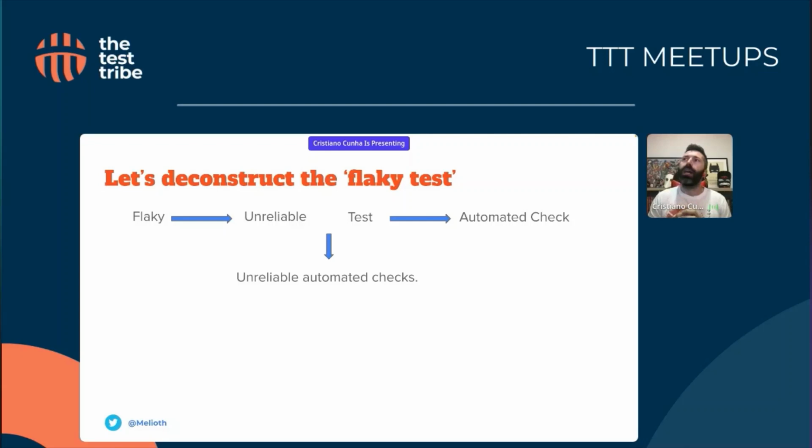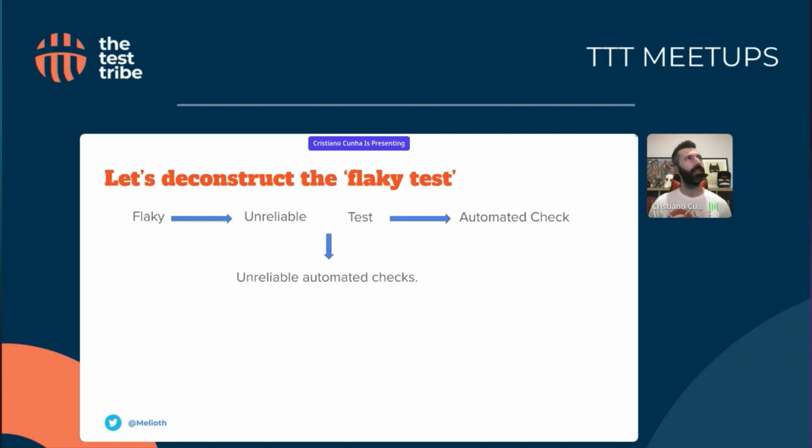And this is really, really hard for me to cope when I start hearing about flaky tests, because automated checks are code. And like I said in the beginning, I never heard about flaky applications, even though they are based on code also. So why? And I start wondering, why do we have flaky tests? At the end of the day, it's code.